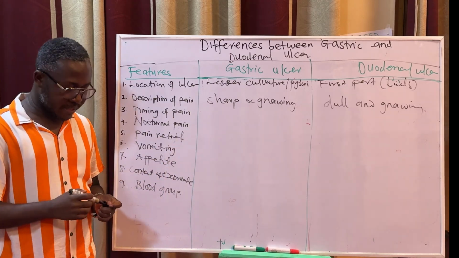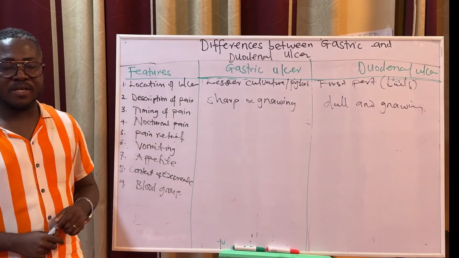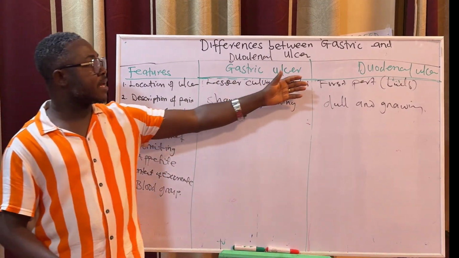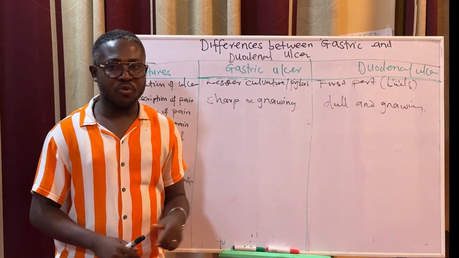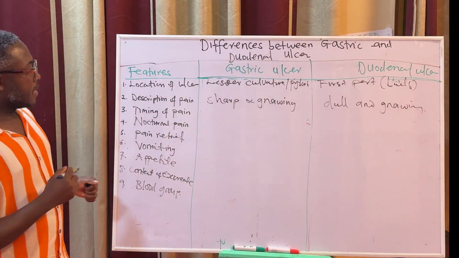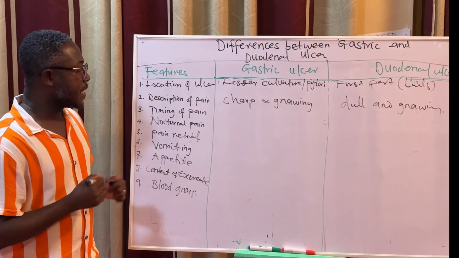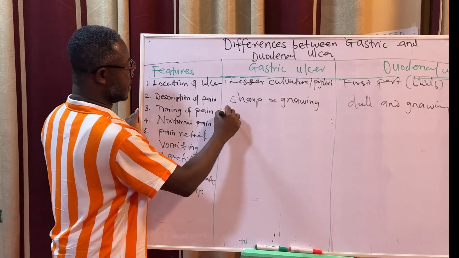At what point in time do patients with gastric ulcer experience the epigastric pain, and the patient with also duodenal ulcer also experience the epigastric pain? Now, with the gastric ulcer, most of the pain is worsened by meal.